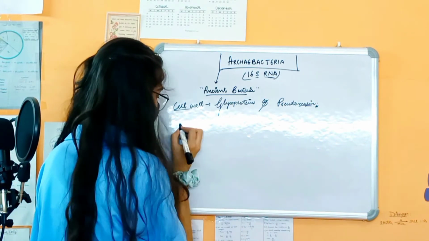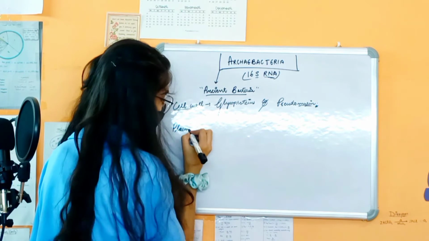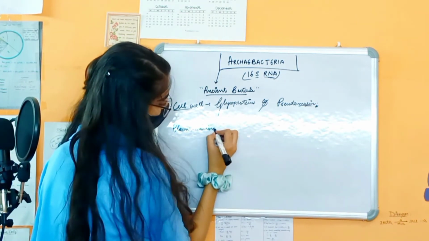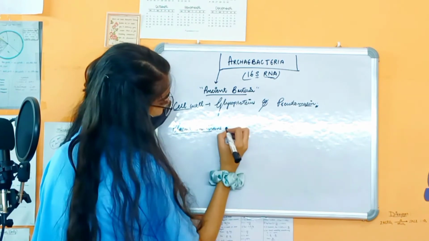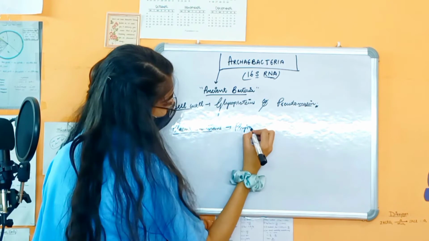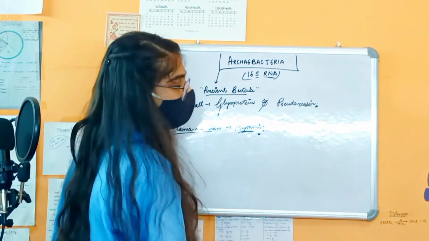Now there is the plasma membrane. After the cell wall, the plasma membrane comes into play, right? It is made up of phytanols. And this is also way too important.